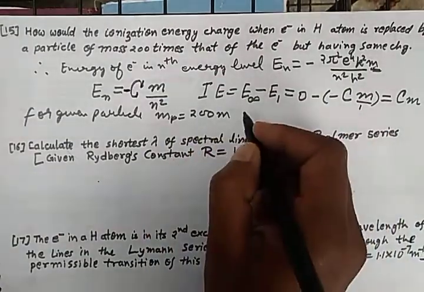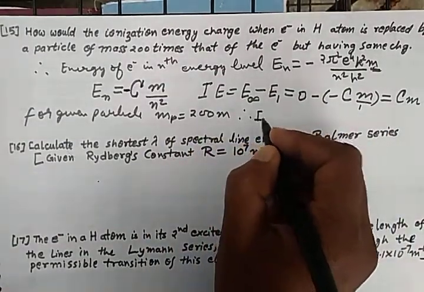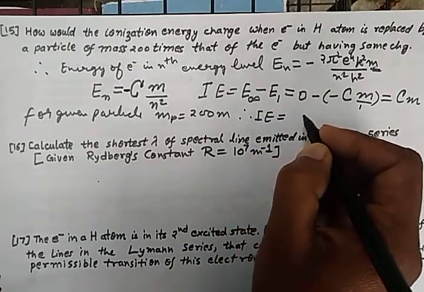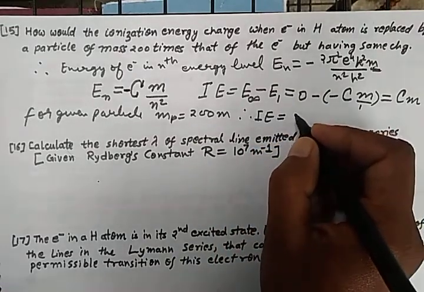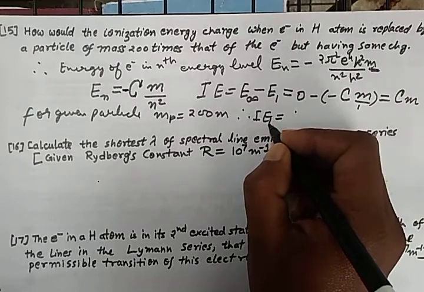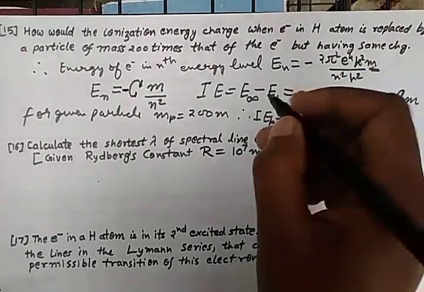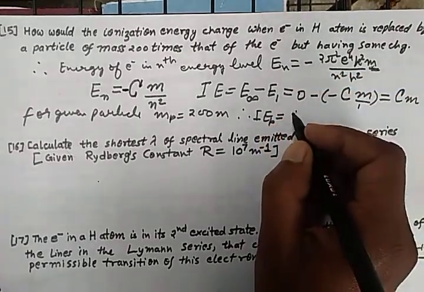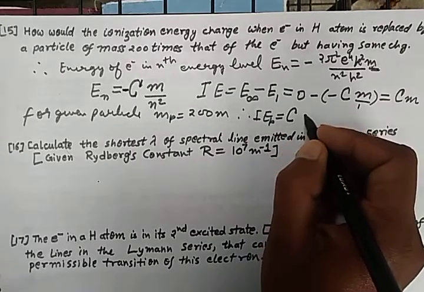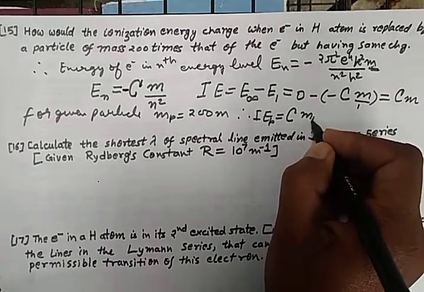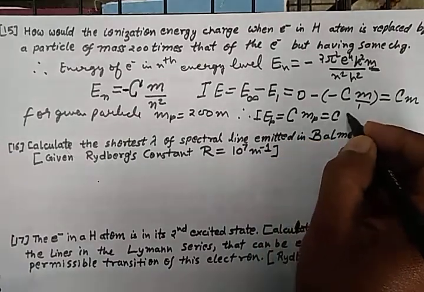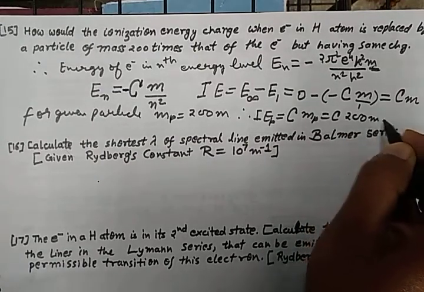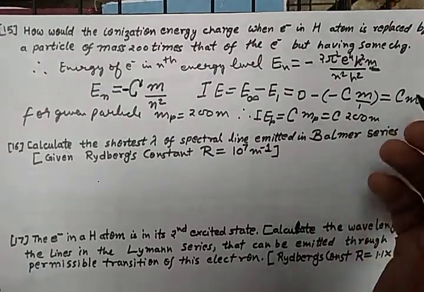So the ionization energy for that particle in place of the electron is equal to C into mp, which is C into 200 m, that is it will become 200 times more.